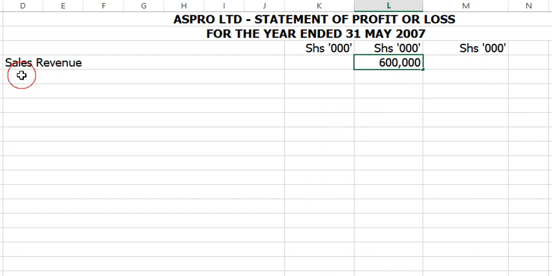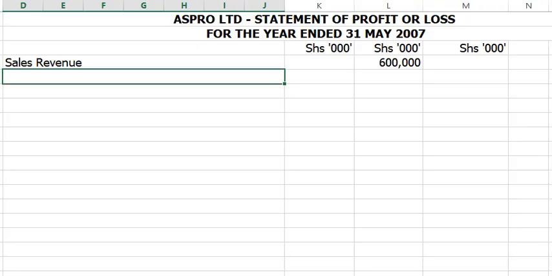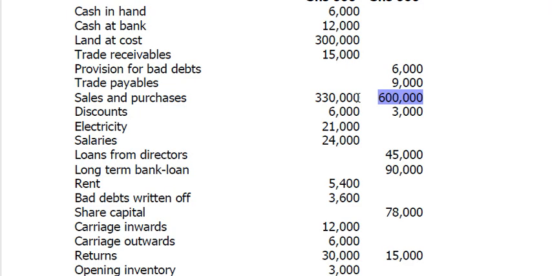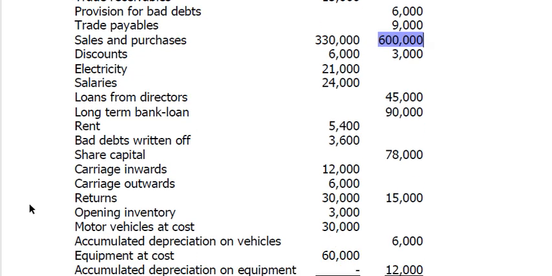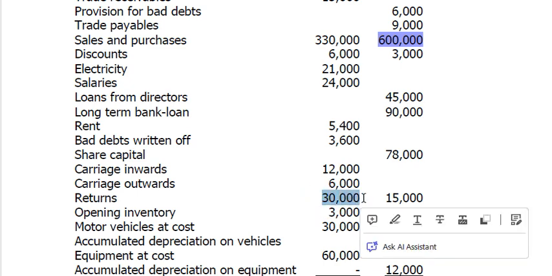But remember, on these sales, sometimes you may sell, but then you find that customers are returning some of the goods. So we have returns. Where are the returns? We have returns here, and these returns on the sales, those are the return inwards.